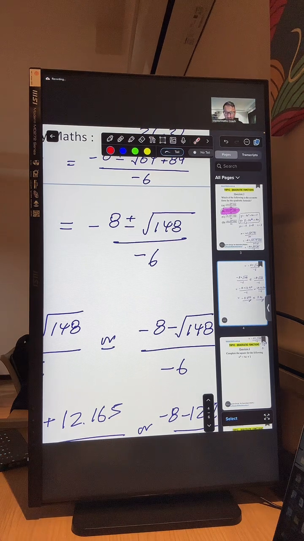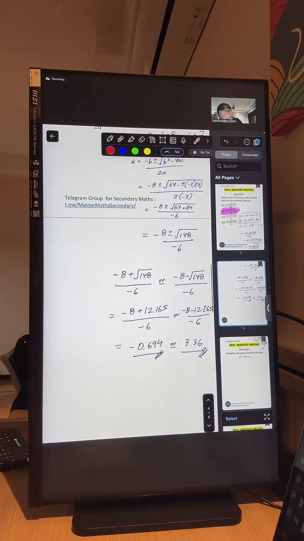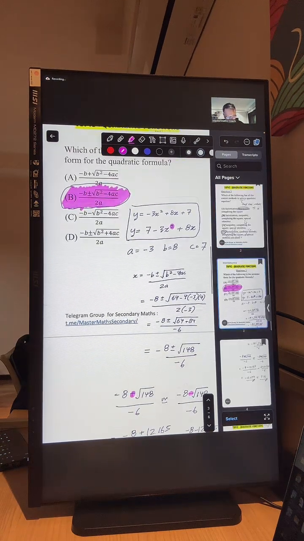So these are the two solutions here: minus 8 with the plus, and then minus 8 with the minus. Can you see? Let me highlight in case some of you cannot see. There's a plus here, there's a minus here, but everything else is the same.